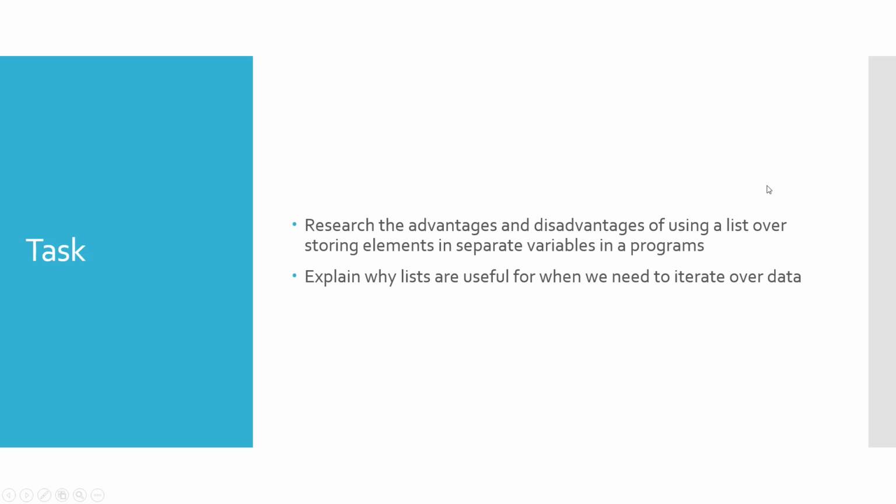So I'm talking about using a for loop or a while loop or some sort of looping convention to iterate, which means to repeatedly go over or go through a group of data. Why are lists useful for that? Why would we not have them in separate arrays, or why would I not put them in separate variables and so on? Okay, so that's really where you're going to look through what the link is.